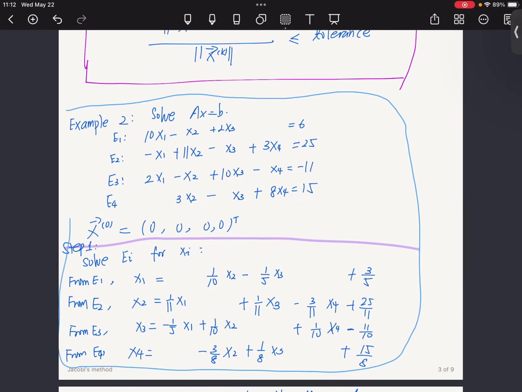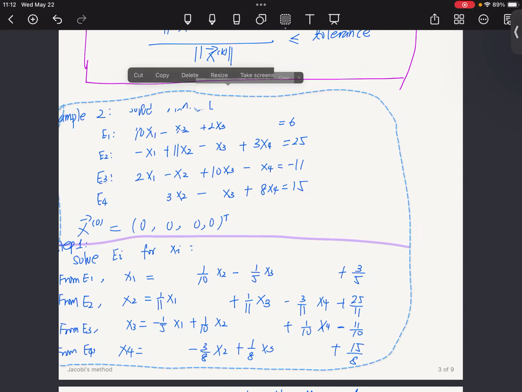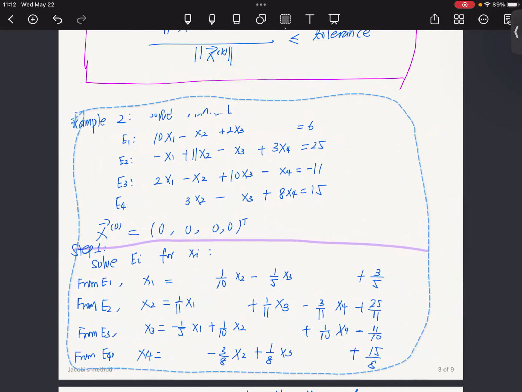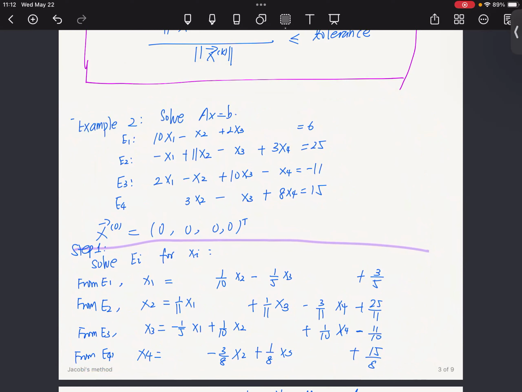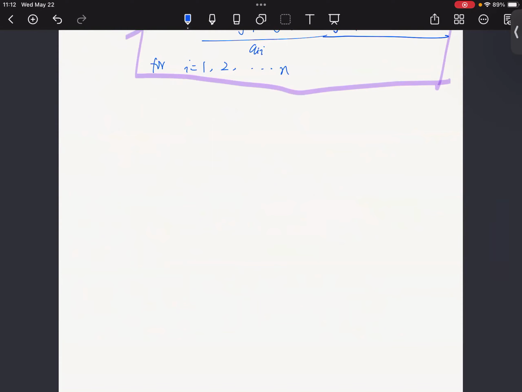Let me just write down here first. For this example 2, we used the Jacobi's method. And now we are solving the same system of equations, but using the Gauss-Seidel method. So let's see example 3.